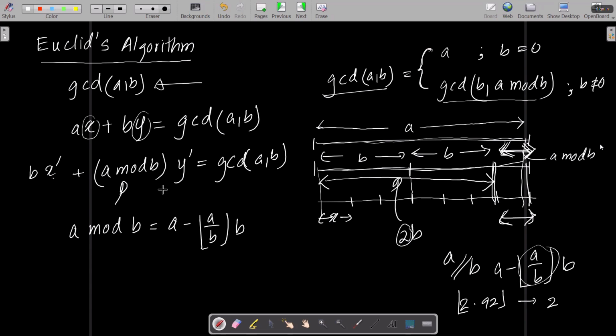So if we plug this here, we will have an equation like A y dash plus B x dash minus B over A. Now this simplification does not matter. So you can actually find this algorithm on GitHub, so you can use that in a competition.